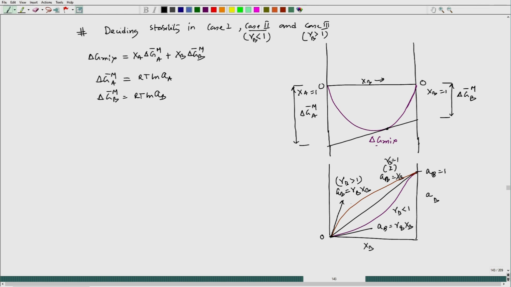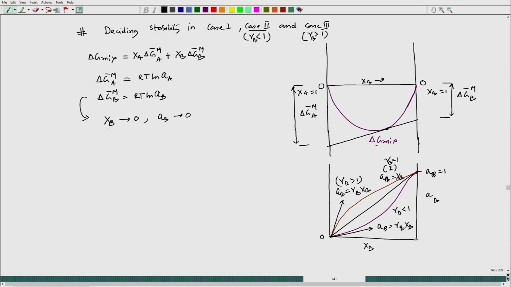Okay. So, I can see in both the cases, if x_B tends to 0, using Henry's expression, a_B also tends to 0.